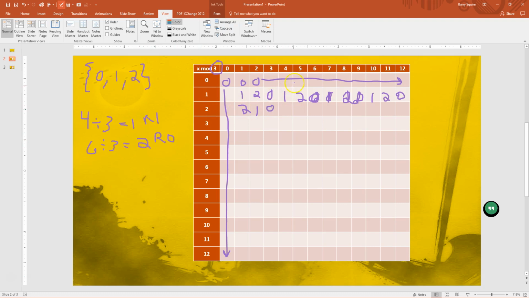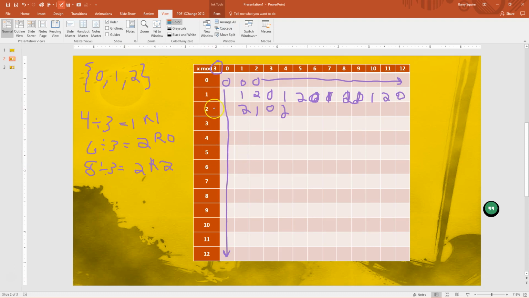2 times 4 is 8. 8 divided by 3, that's 2 with a remainder of 2. Now it kind of looks like it's counting backwards. 2, 1, 0. 2, 1, 0.